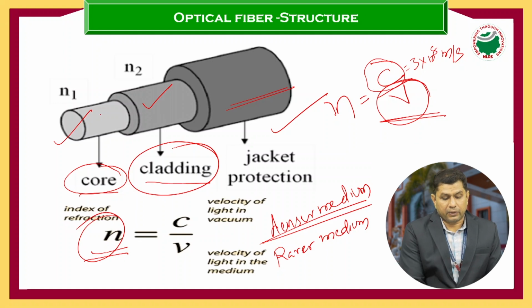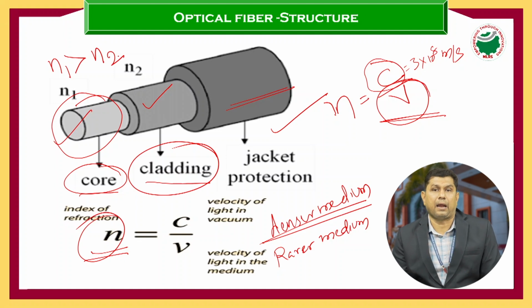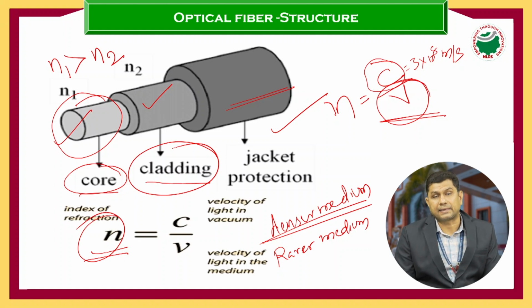So we select the core in such a way that the refractive index of the core is always greater than the clad. Core acts as the denser medium, clad acts as the rarer medium. The core and clad allow light energy to pass through, which is why the fiber is made of silica or glass material.